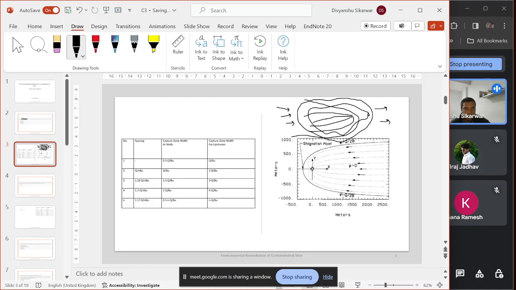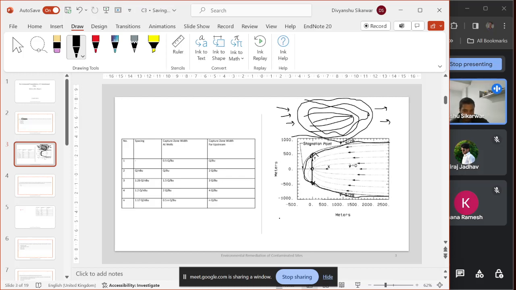If I'm making a well here, in this figure this width is calculated. This width is basically the capture zone width at the well, like at the location of the well, what will be the width of the capture zone. This is the capture zone. This is a top view.